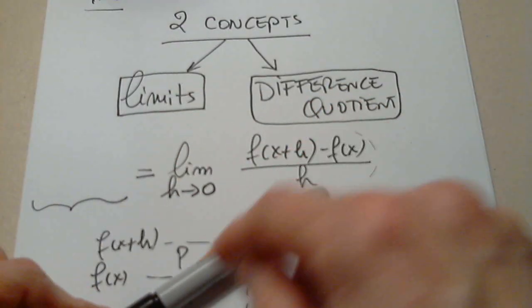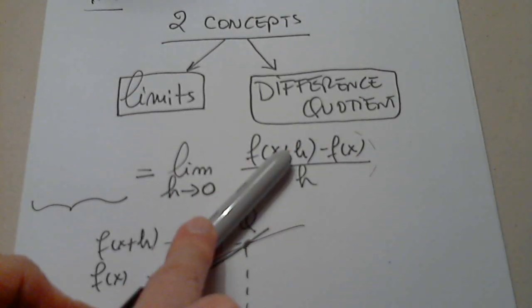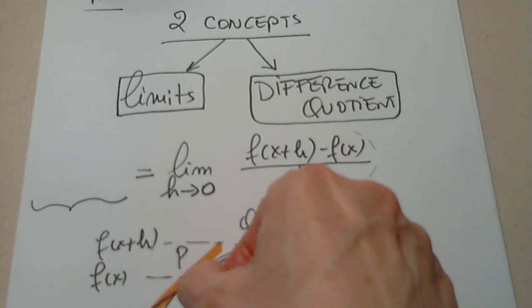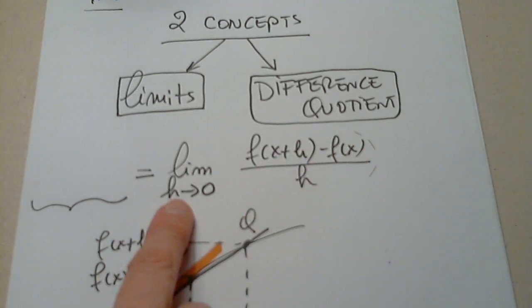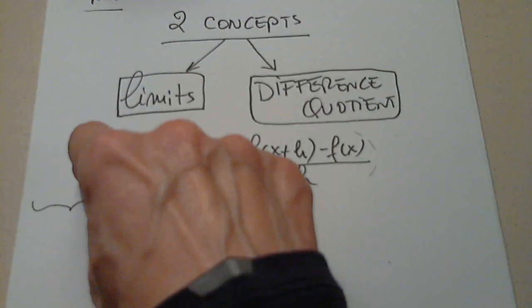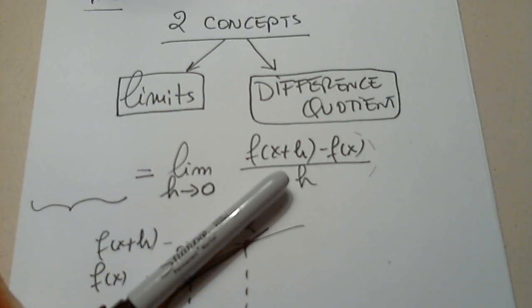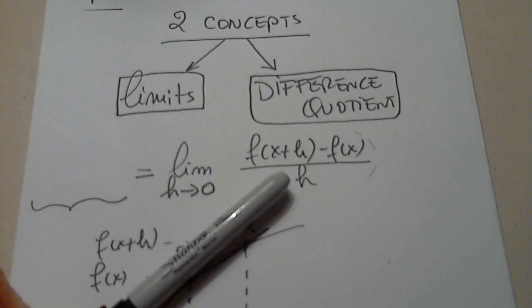Because we are not really interested in this. We're interested in this, the tangent line. And if Q is very close here, and then I make h approach 0, this result will be the slope of the tangent line, which is the instantaneous rate of change. That's what calculus is all about.